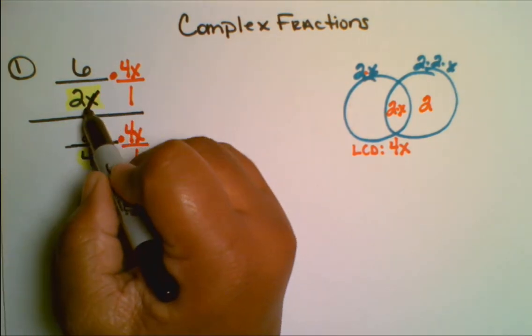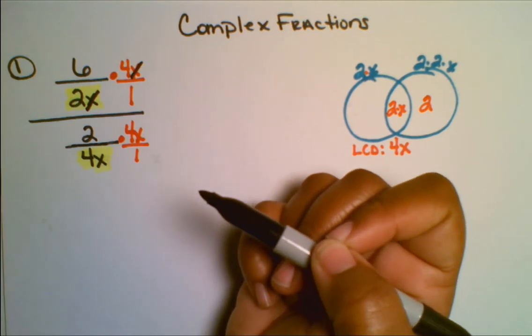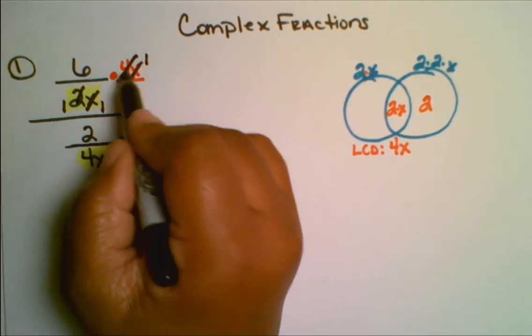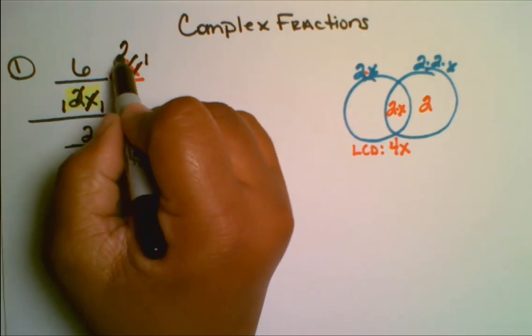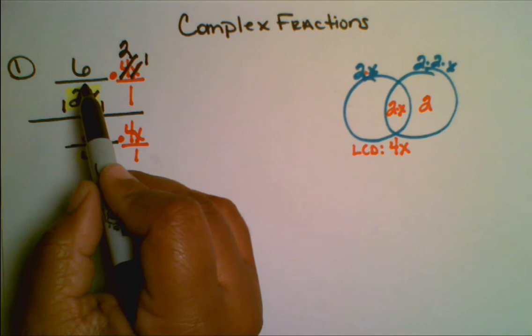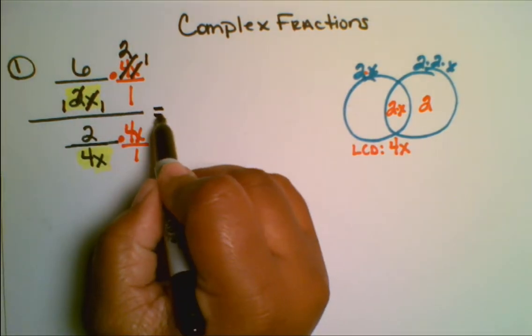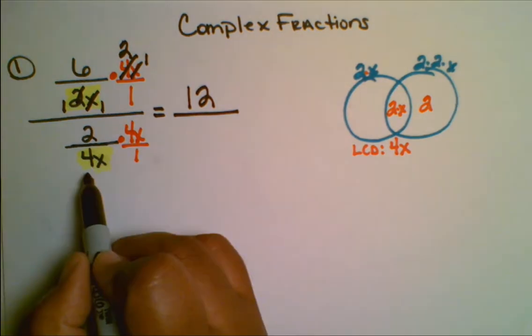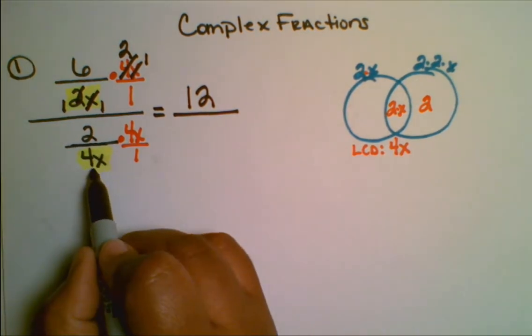In the numerator, the x's divide out. 2 divides into 4 twice. Then we're going to take this 2 and multiply it to the 6 in the numerator. We have 12 all over... Let's look at our denominator, the 4x.